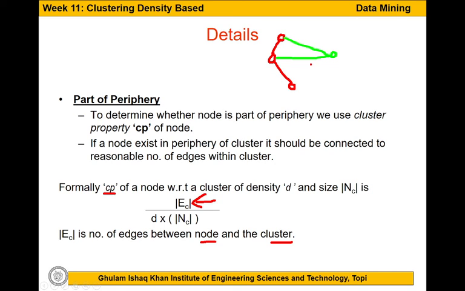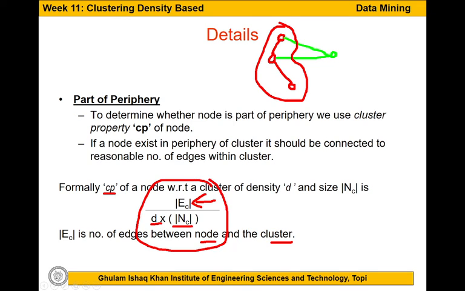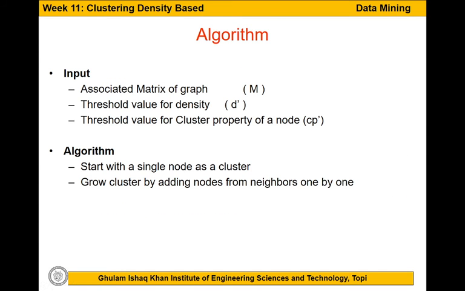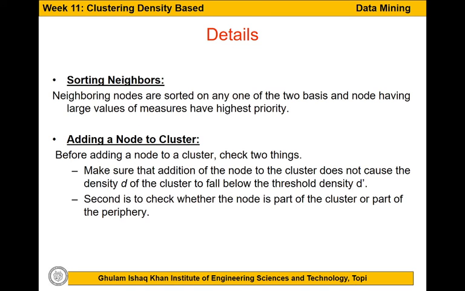Here this will be equal to 2, divided by the density of this cluster, multiplied by the number of nodes within this cluster, which is 3. Whatever the result of this equation is, it should be greater than the threshold which was initially given as input to the algorithm.